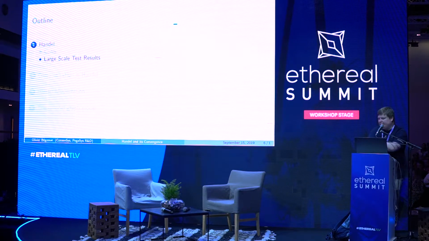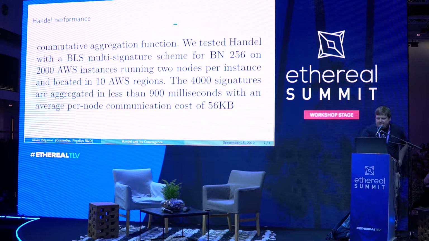Okay, so I'll present very quickly the results we obtained. As I said, Handel was implemented as a Go library. And we used this implementation to test Handel on AWS, where we ran BLS signature aggregation over 4,000 participating nodes. These nodes were always 2 nodes apiece per AWS instance.